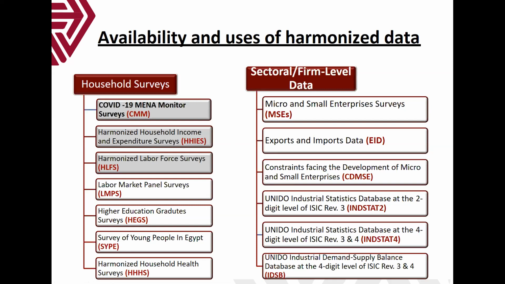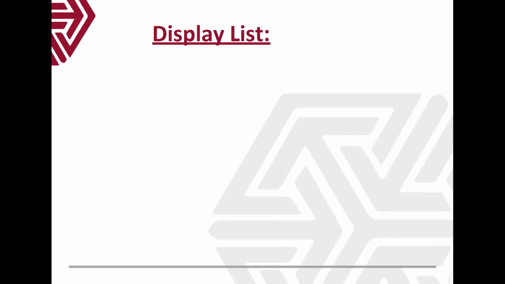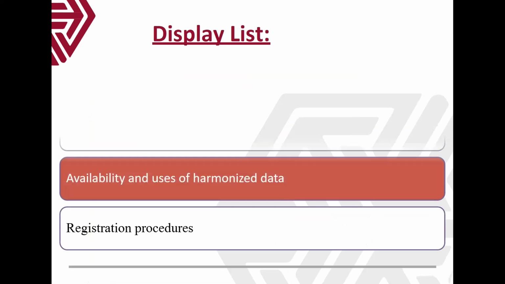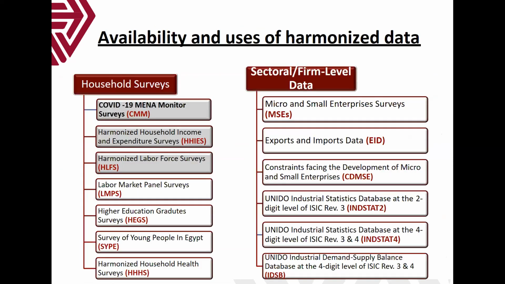Okay. And actually, we're aiming that by next week we're going to release the second wave of the data. It's going to include the second panel for Tunisia and Morocco, and Egypt. It's going to be the first wave for Egypt, because the last one that we released for Egypt wasn't actually the same survey.